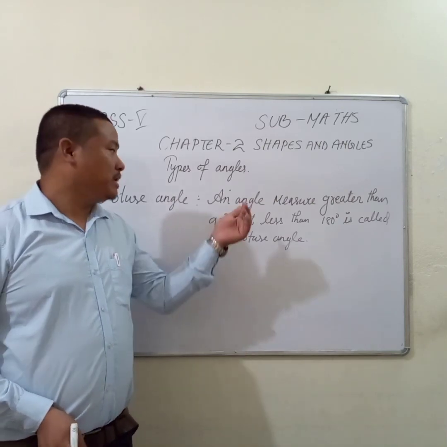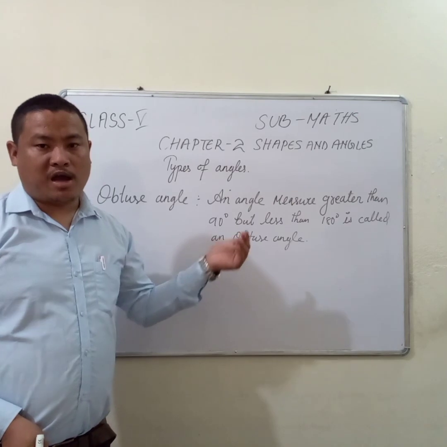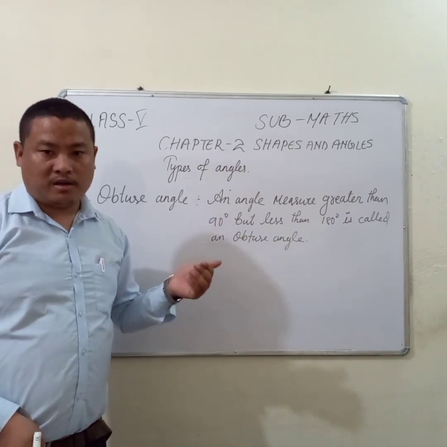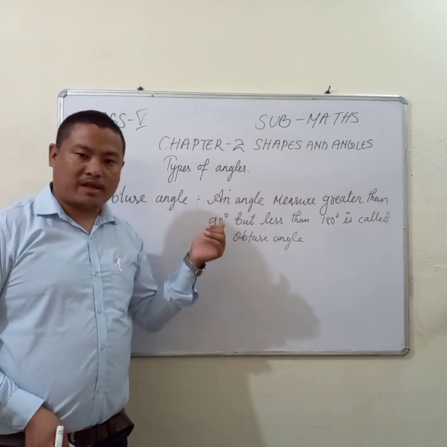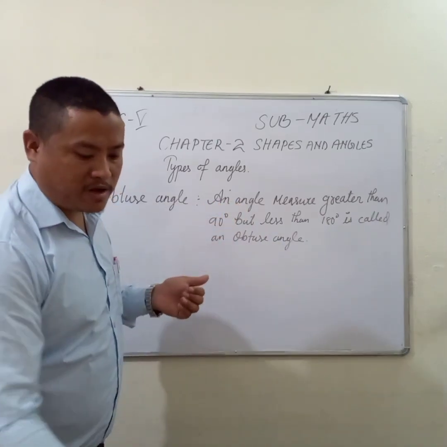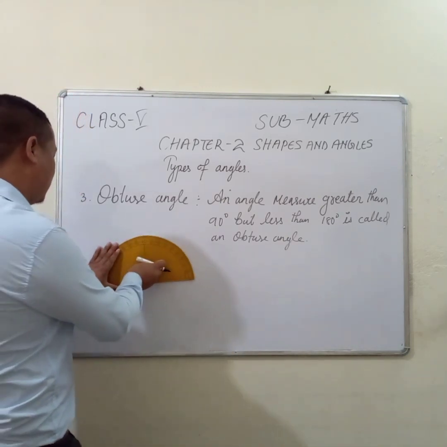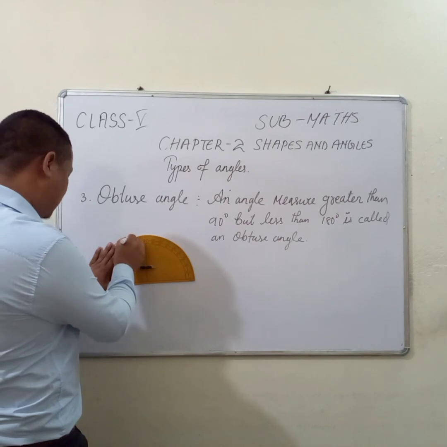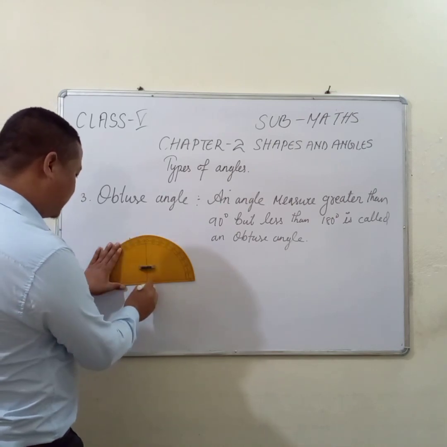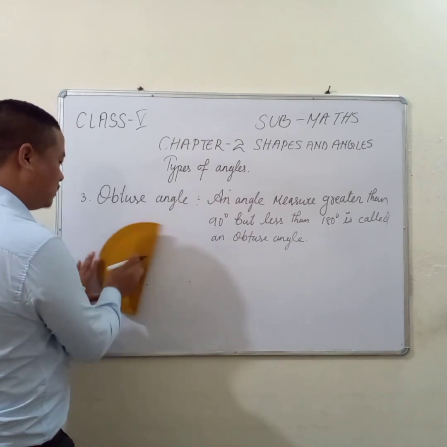Okay, greater than 90 degree means it may be 95, 100, 115, 110. All these angles will be obtuse angle. Okay, let me draw an obtuse angle measure 110 degree. Look, 110 is here. Just make a dot here. In center, one more dot here, and just in this corner, one dot. Now join these dots.